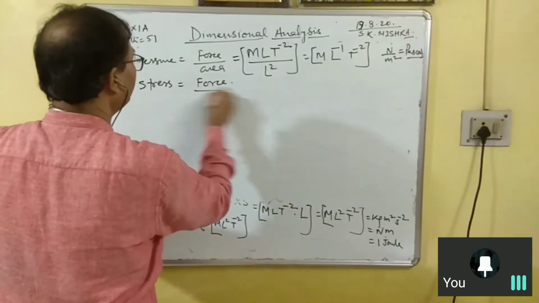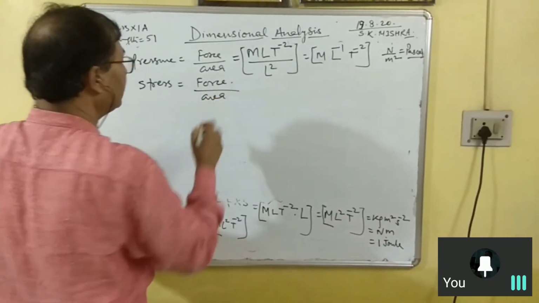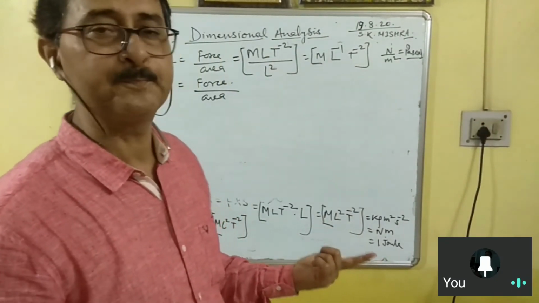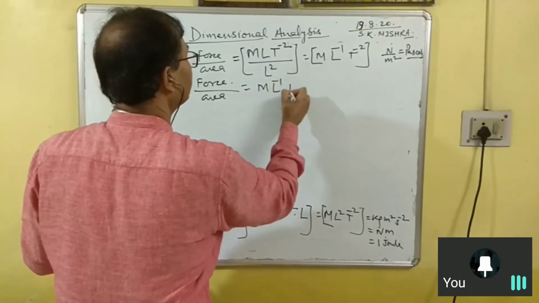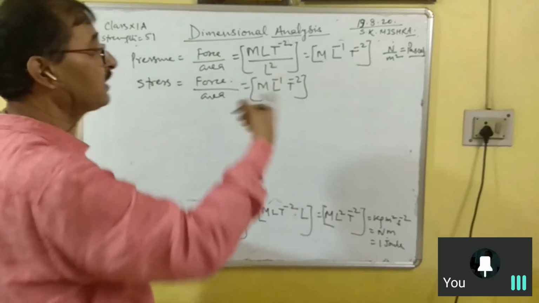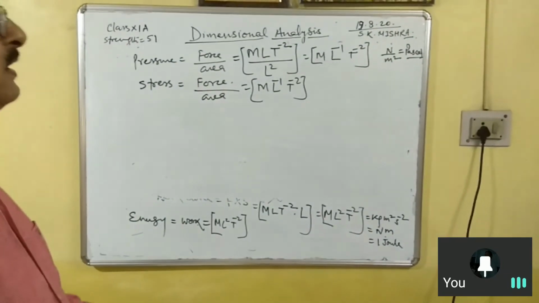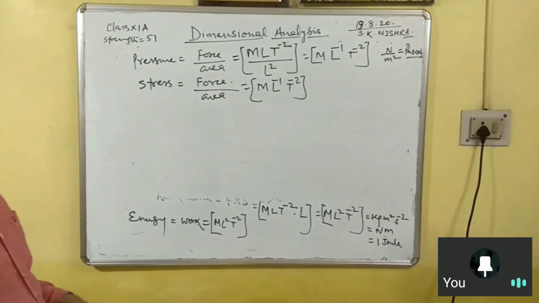Whether the force is deforming or tension, it is force by area, and area may be the cross sectional area, but the dimension will be the same. So again we have the same dimensional formula, M L minus 1 T minus 2. Remember, pressure and stress are physical quantities which have the same dimensional formula, M L minus 1 T minus 2.